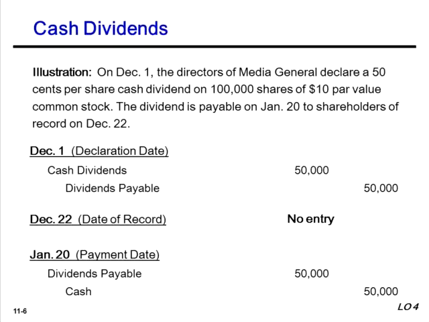So December 1st is the date of declaration, so we have the journal entry, a debit to cash dividends and a credit to dividends payable. On the date of record, there is no journal entry, but on the date of payment, we have a debit to dividends payable and a credit to cash of $50,000.